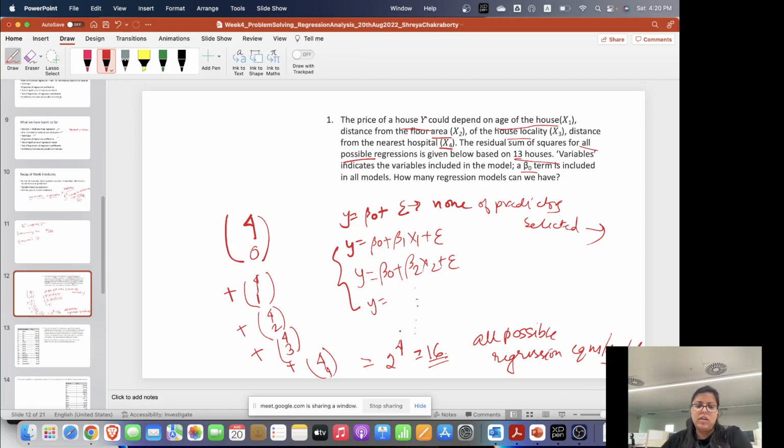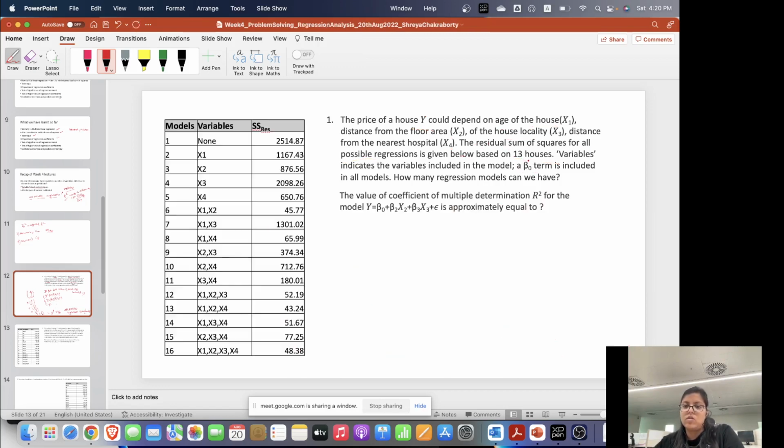No. Okay. So once we have determined how many possible regressions can be fit, here we have been given 16 residual sums of squares, which have been calculated based on 13 houses. So these are the 16 models. This none is y equal to beta naught plus epsilon.